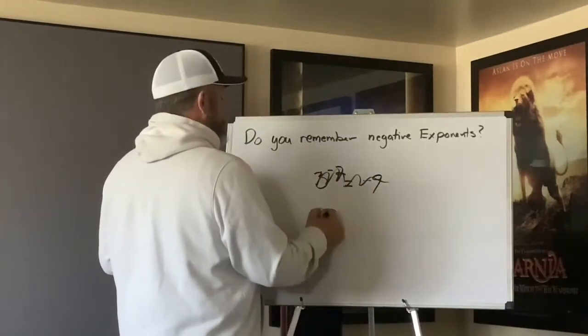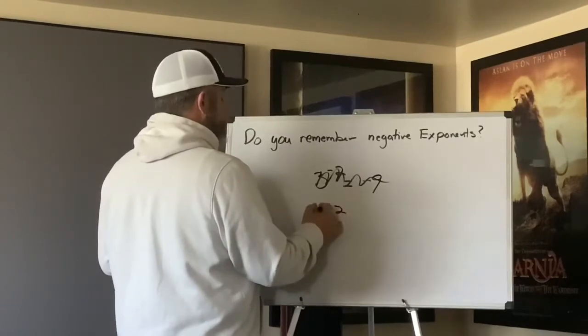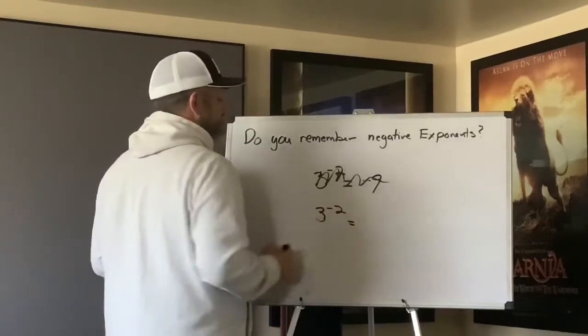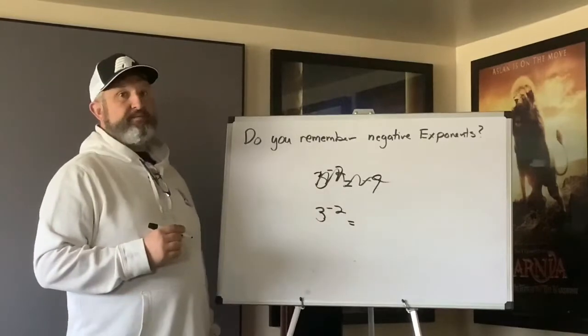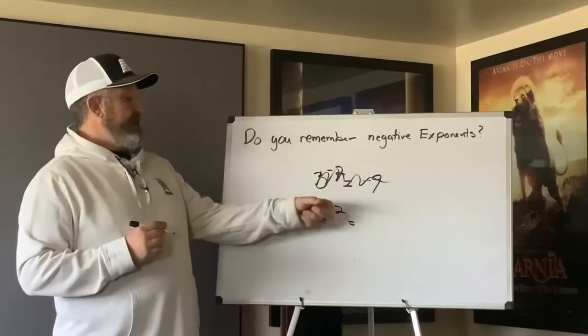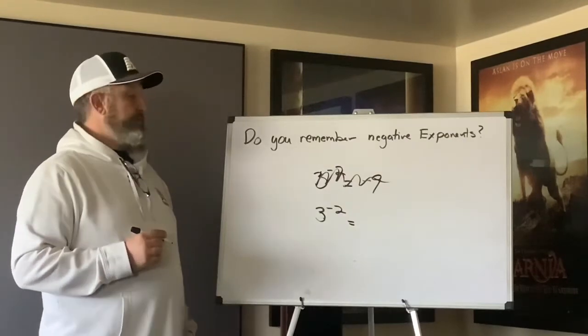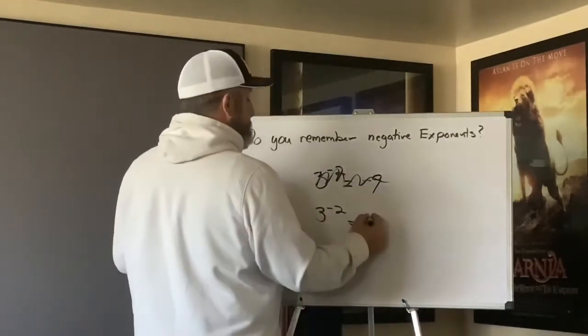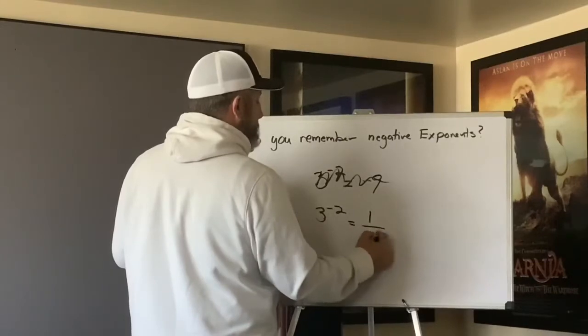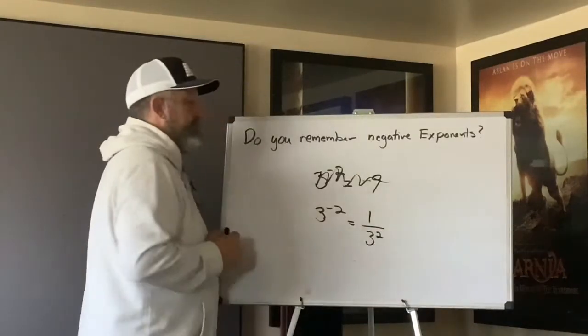3 to the negative 2 is this, and this is somewhat surprising, but that negative exponent actually means that this number belongs in the denominator. So what it really is, it's 1 over 3 squared.